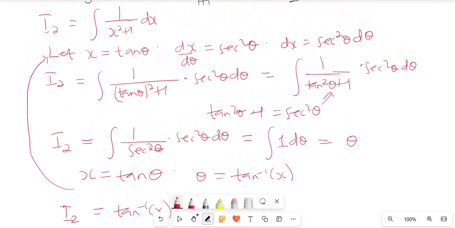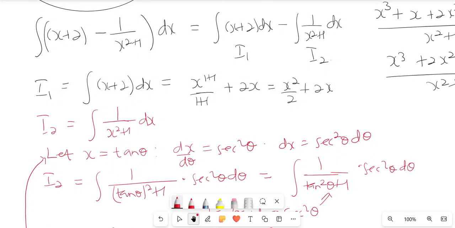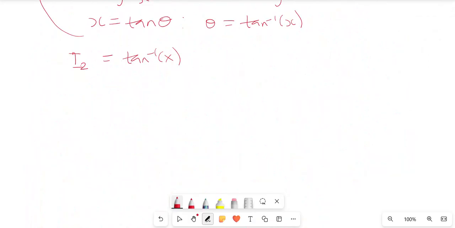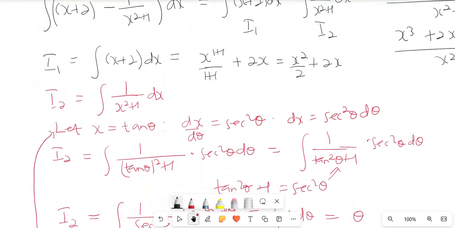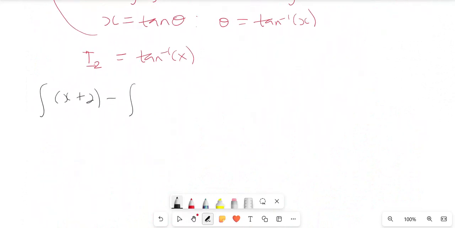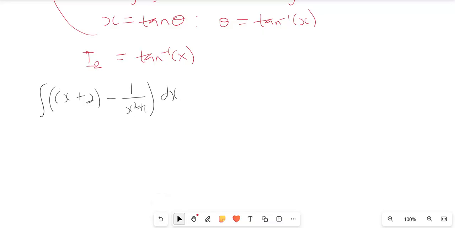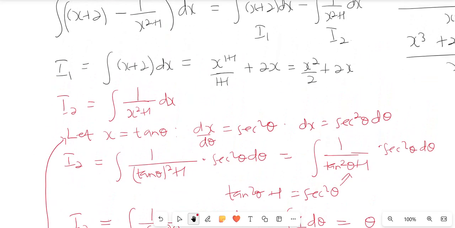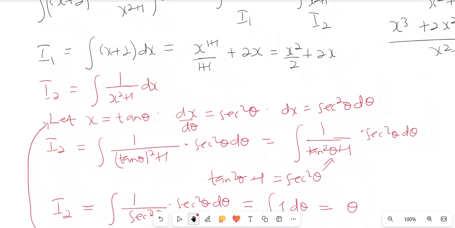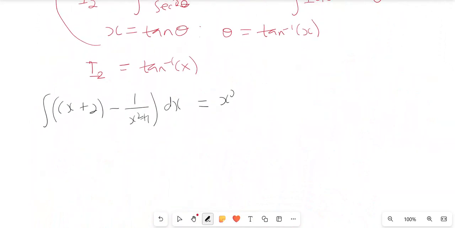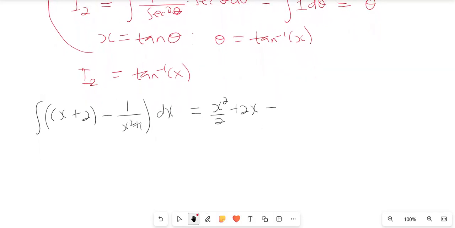So we can now put everything together. The integral of x plus 2 minus the integral of 1 over x squared plus 1 dx is equal to the first integral, whose answer was x squared over 2 plus 2x, minus the answer for the second one, which is just arctan of x.